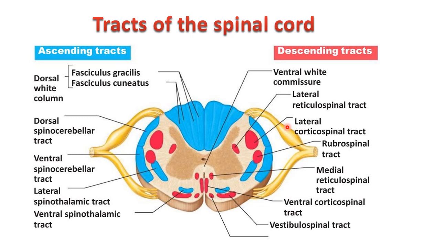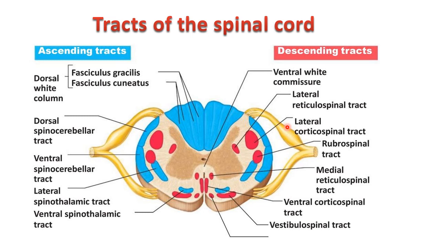So that is about the reticulospinal tract, and then the vestibulospinal, rubrospinal, and you also have the descending autonomic fibers. The descending autonomic fibers are called hypothalamospinal fibers. They start from there.